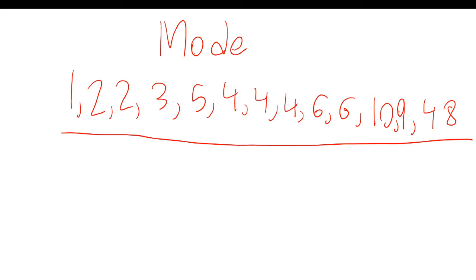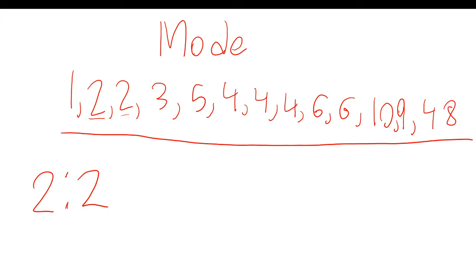To find the mode, we find the value that occurs the most times. Let's place in our values. 2 occurs 2 times. 1 occurs once. What might be the mode?